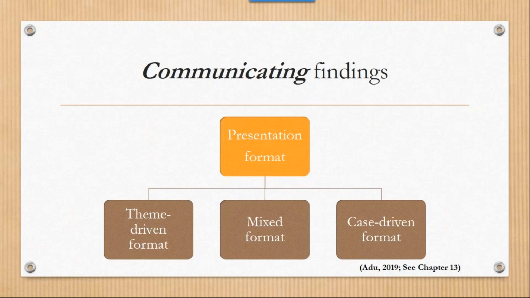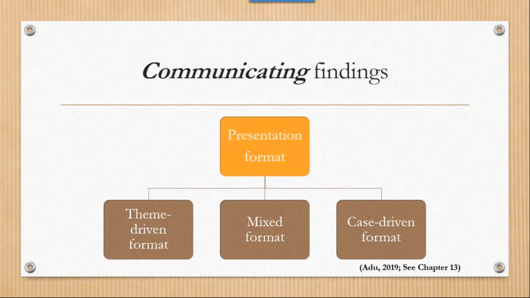So normally, if you want to compare and contrast the group of participants or individual participants, theme-driven format will be the best, right? Or there's so much uniqueness in terms of each participant's views. You want to share how participant A's views are very different from participant B's.